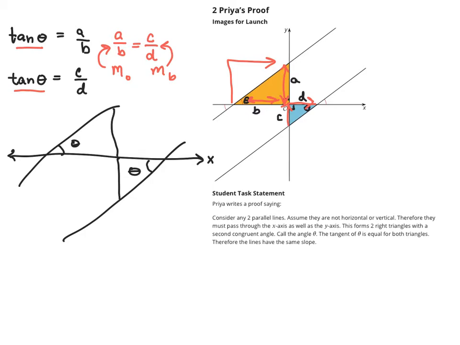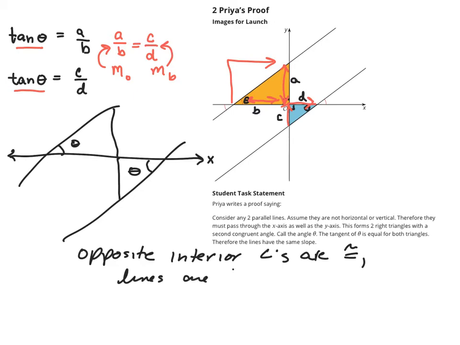If that's a transversal, those are opposite interior angles. We learned a long time ago that when opposite interior angles are congruent, lines are parallel, which means slopes are equal, right? What else do we know? I think that's it.